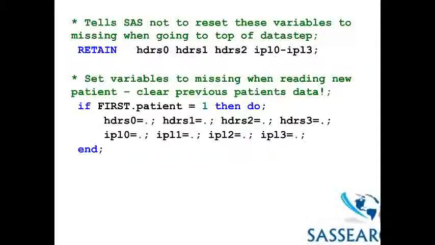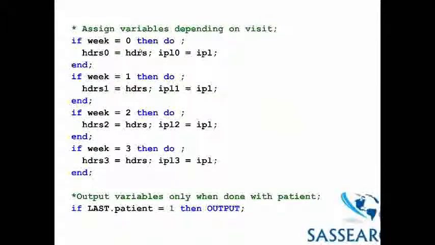So the retain statement is a way of holding the data values when we're processing a particular patient. But once we have processed one particular patient, we need to then clear out those variables, set them to missing again when we start processing a different patient. And we'll see this more clearly when we look at the SAS demonstration video.